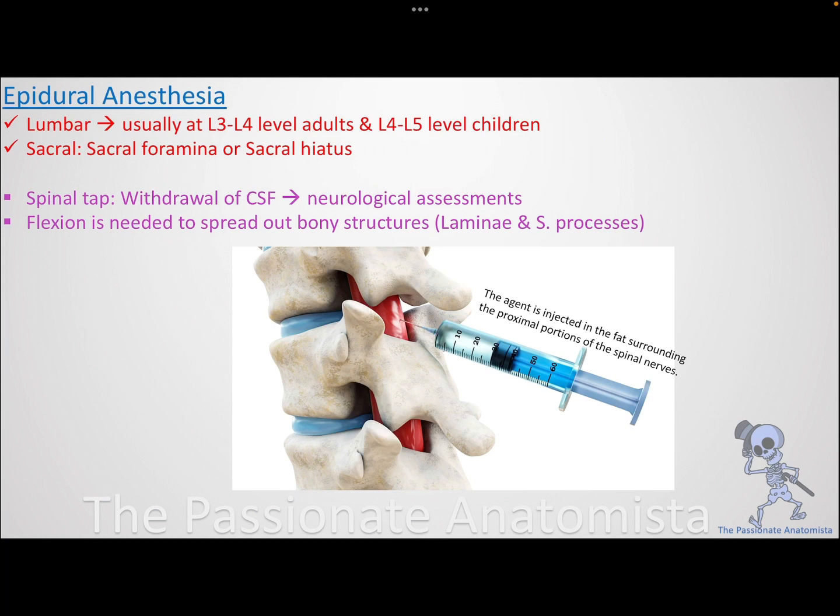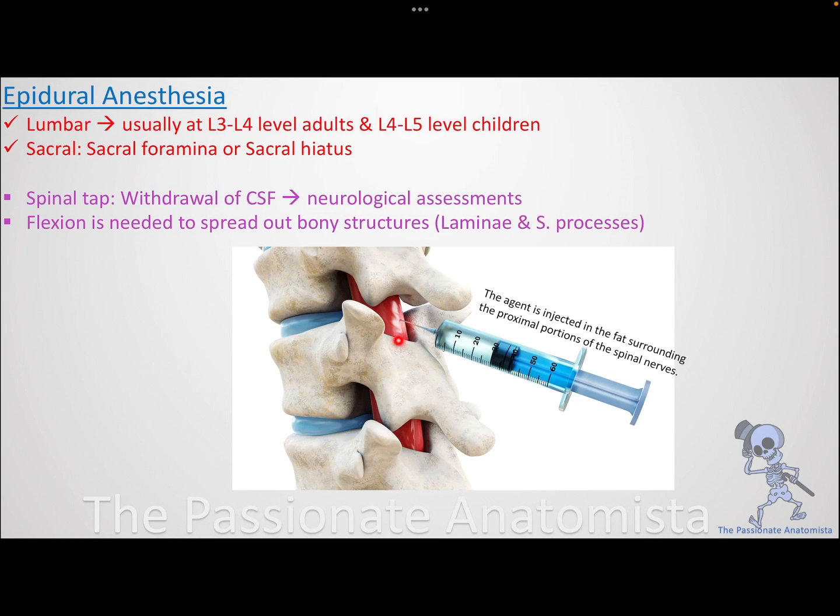The last thing we have here is epidural anesthesia. Where do we usually put the anesthesia, or where do we usually do the spinal tap? That will all have to be below the level of L2 because you don't want to injure the spinal cord. And in that case, you will ask the patient to do flexion to spread away the bony parts of the lamina and the spinous processes so that you can put the injection. And if you want to, for example, do the spinal tap, you need to withdraw CSF from around.